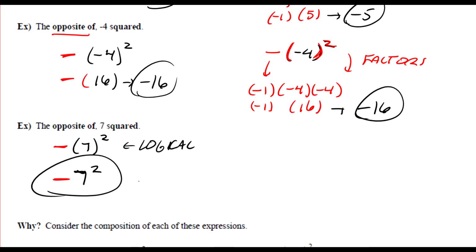Now, if we think of this the same way as we did with our other terms, the negative sign is actually outside of the power. Now the power groups this together, but this factor would be a factor of negative 1. And then the 7 squared would be 2 factors of positive 7.